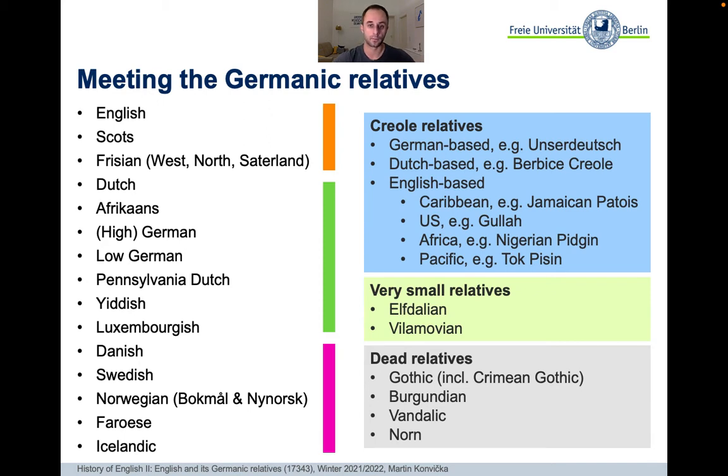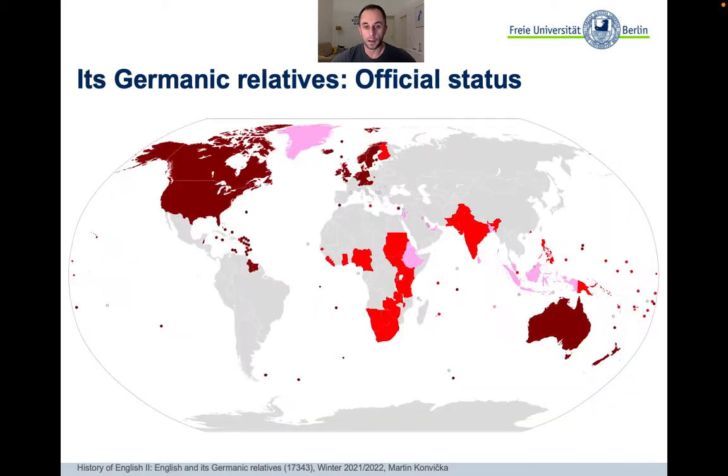Okay. As you can see, based on this map, Germanic languages are spoken all over the world, and there are different groupings of the status of the individual Germanic language in the different countries around the world.